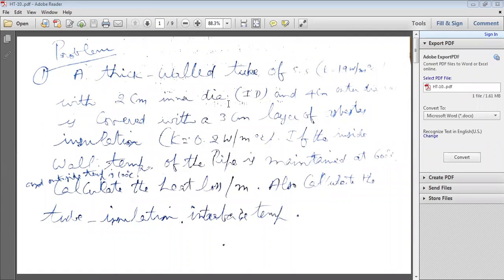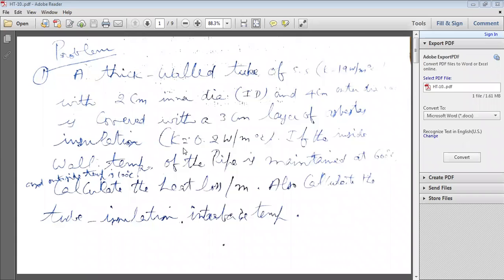Today, a thick-walled tube of stainless steel of thermal conductivity K equal to 19 watts per meter Kelvin, or degree centigrade, with 2 centimeters inside diameter and 4 centimeters outside diameter is covered with a 3 centimeter layer of asbestos insulation.